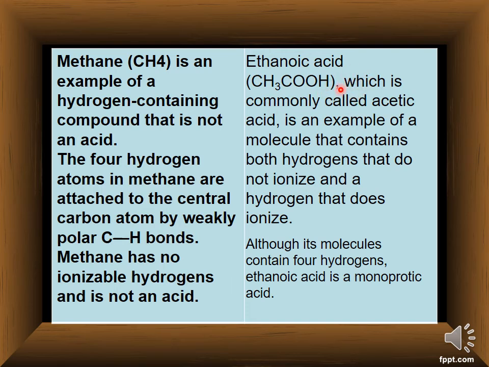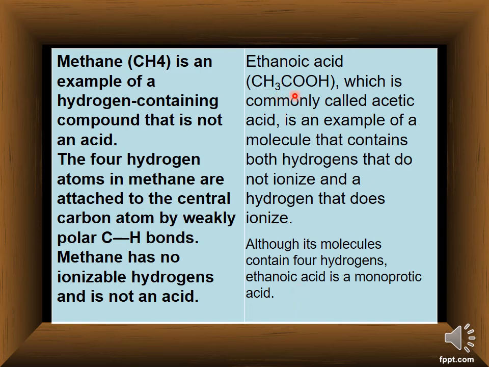Here you can see ethanoic acid, which is commonly called acetic acid, is an example of a molecule that contains both hydrogens that do not ionize and a hydrogen that does ionize, as I explained here. Although its molecule contains 4 hydrogens, ethanoic acid is a monoprotic acid, meaning only 1 hydrogen ion can be donated.